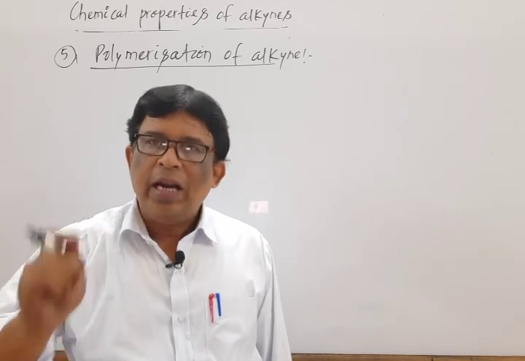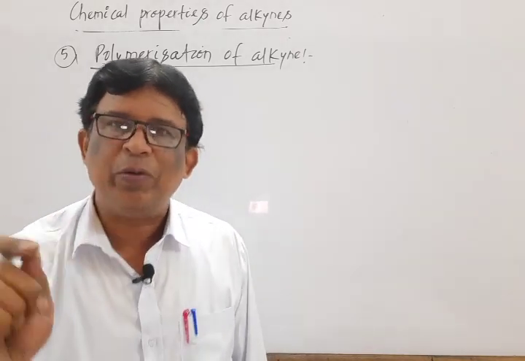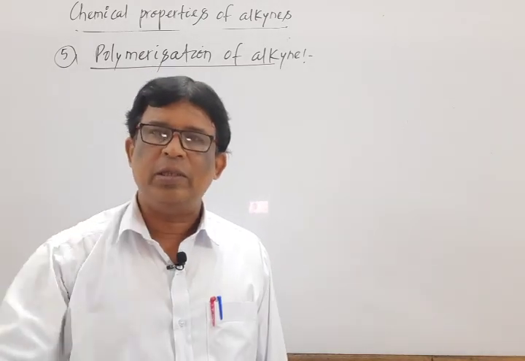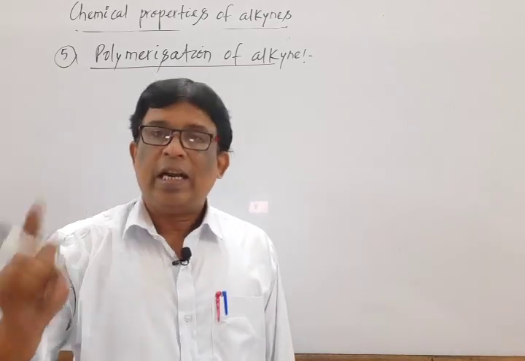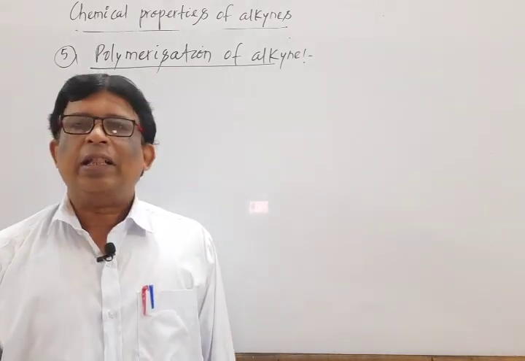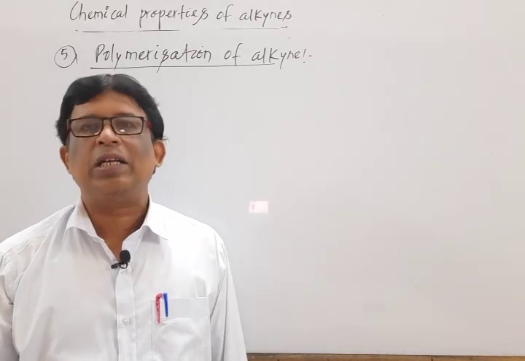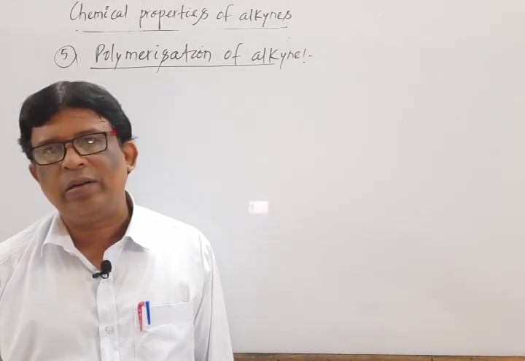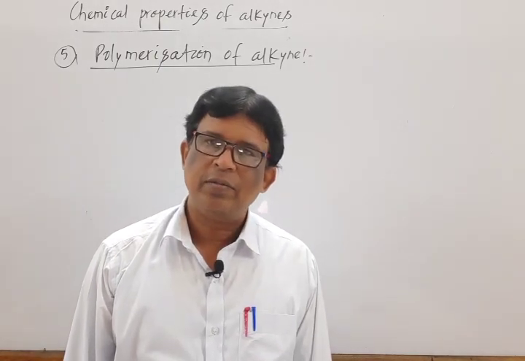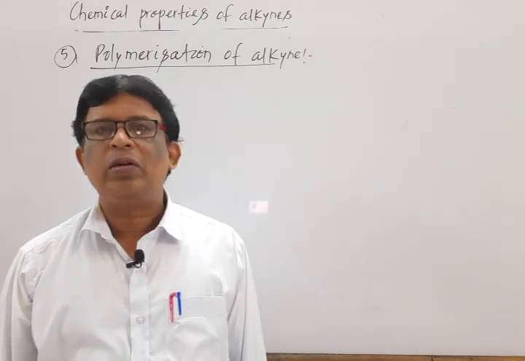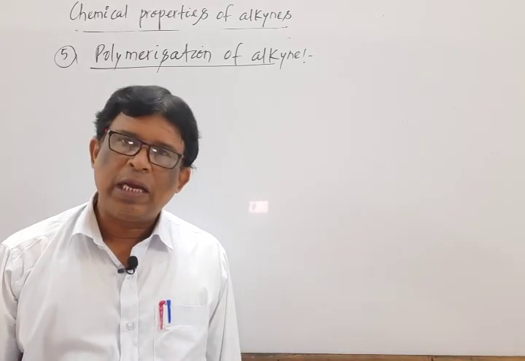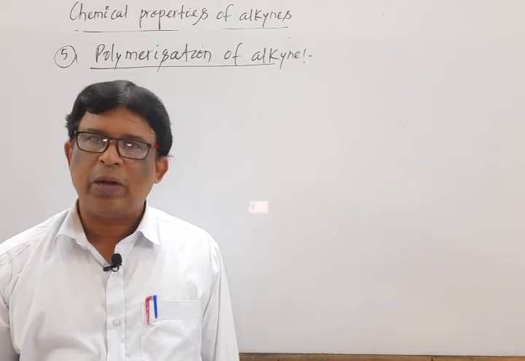That means when a large number of small repeating units repeat themselves to form a single giant unit, then that large number of small similar repeating units is known as a monomer, and the single giant unit is known as a polymer, and the phenomenon of formation of polymer is known as polymerization. If 3 molecules condense together, trimerization, 2 molecules dimerization, if more number of molecules, then polymerization.